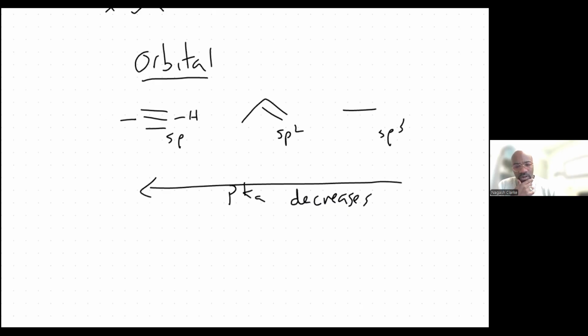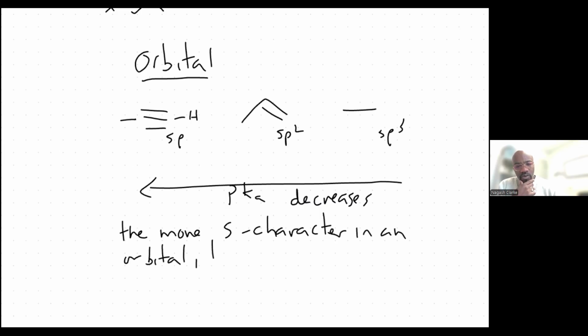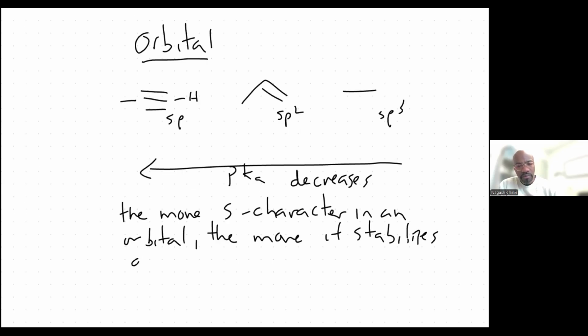The more s character in an orbital, the more it stabilizes a negative charge.